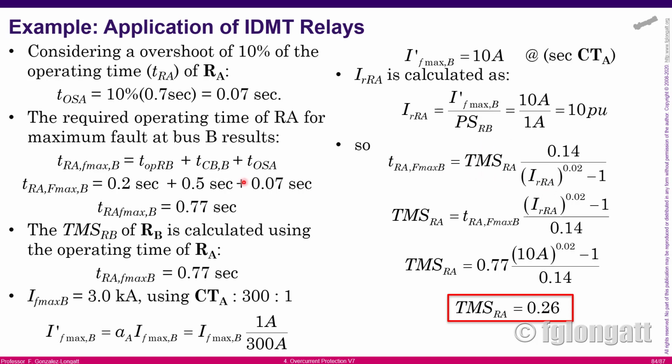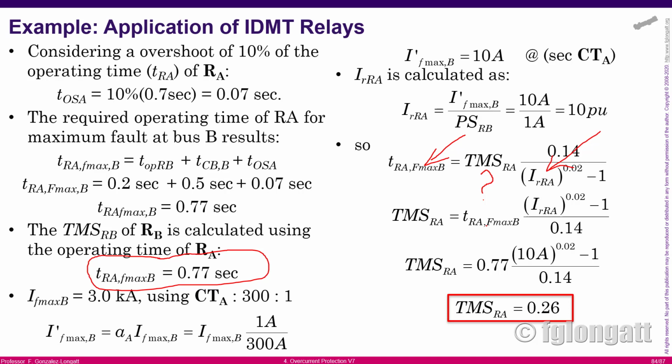In that equation, we know this value because it is 10 per unit. We know this value because it's the time that we need to wait in order to provide backup protection, 0.77 seconds. And this value over here is the unknown variable, okay?